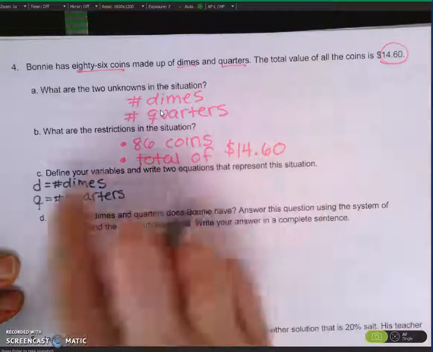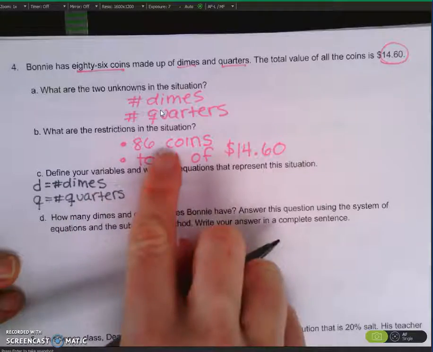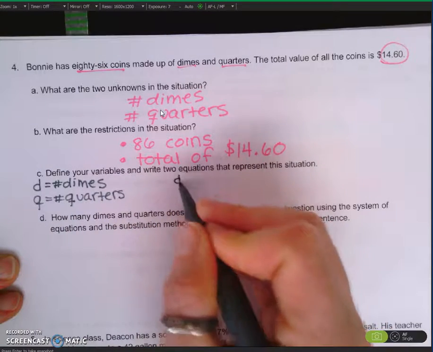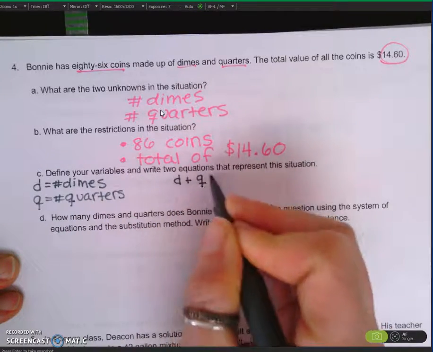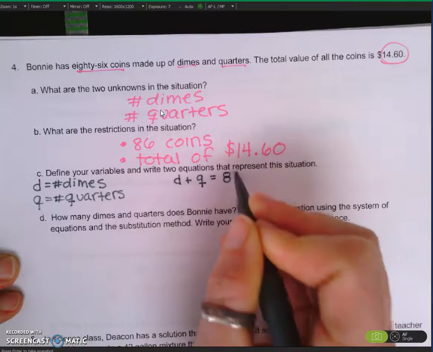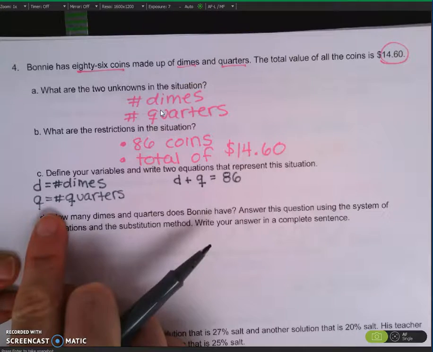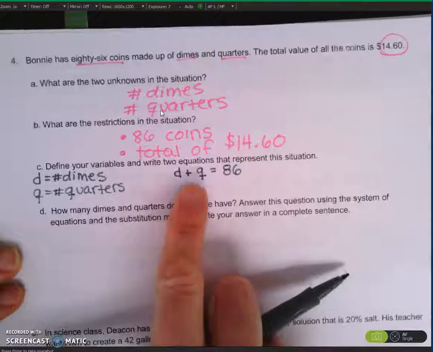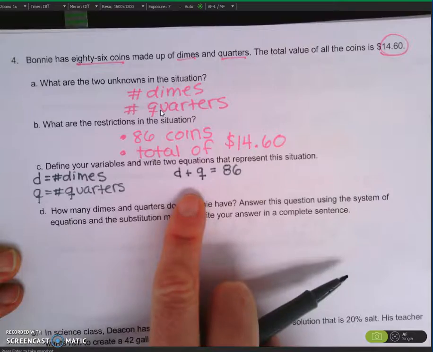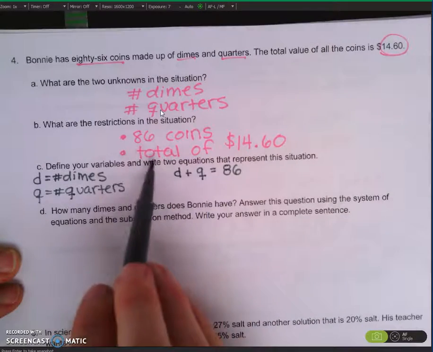The number of dimes plus the number of quarters equals 86. So D plus Q is equal to 86. Reminder, since we're using lowercase letters as our variables that we defined, we need to continue using lowercase letters in our equations.